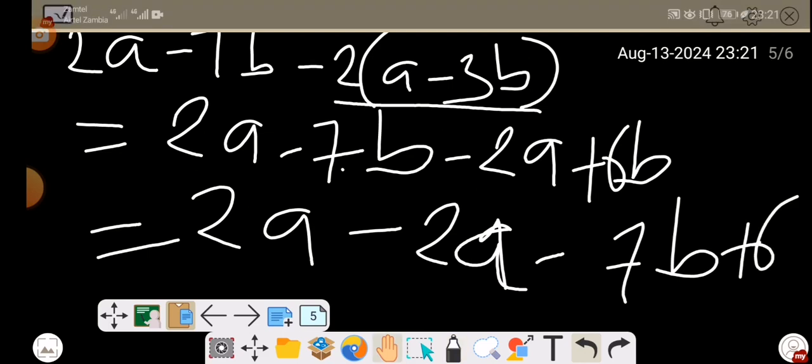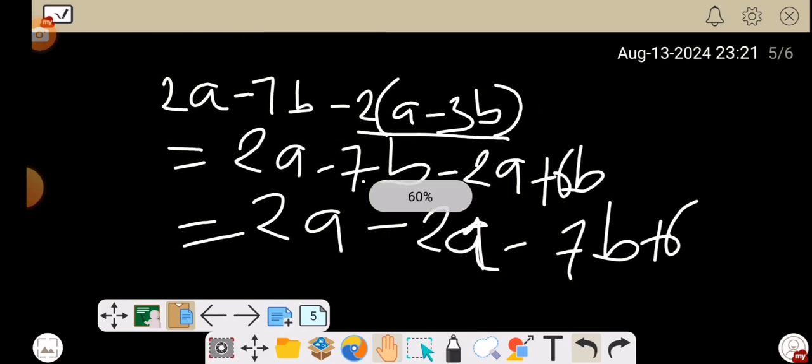Let me try to increase the size of my board. Okay, so these things are together.